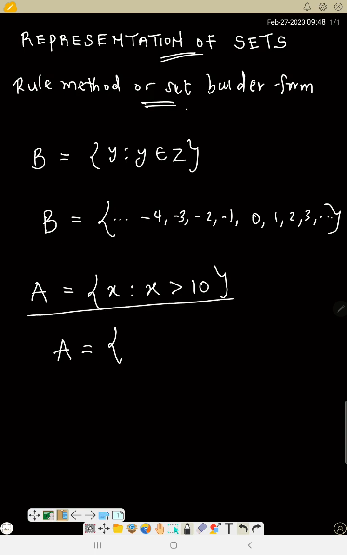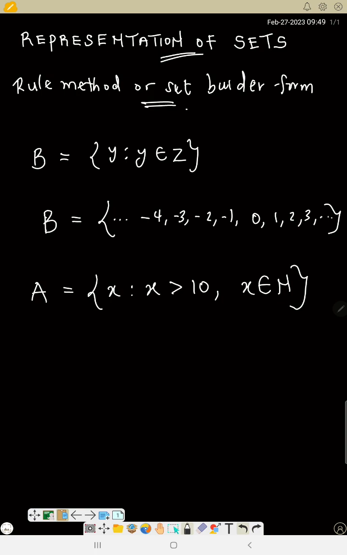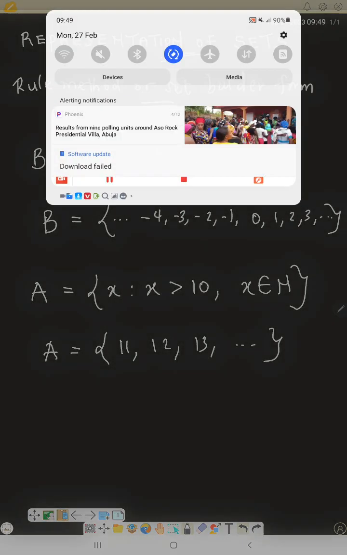But this is not complete, because it only says the number is greater than 10. There must be something here telling us, maybe, x is a member of natural number. Then I can know the types of number you are talking about. That means the numbers start from 11, 12, 13, etc. So that is how we represent sets in this form. So let's move on.